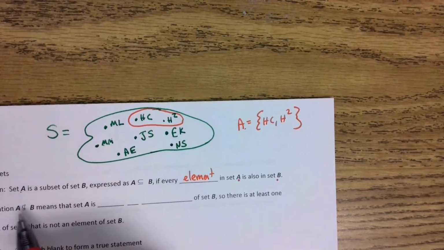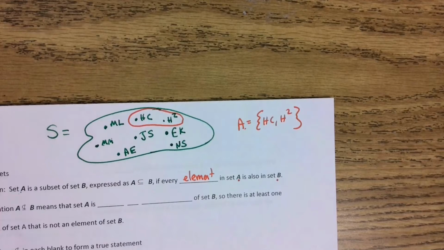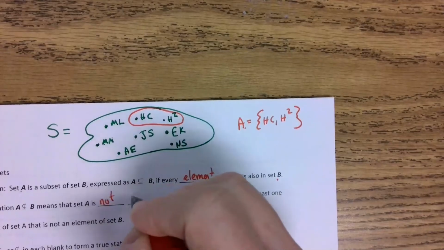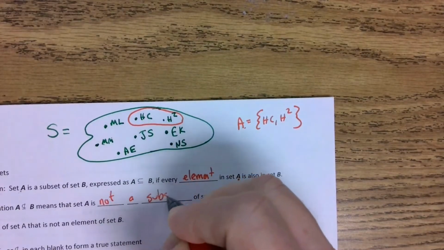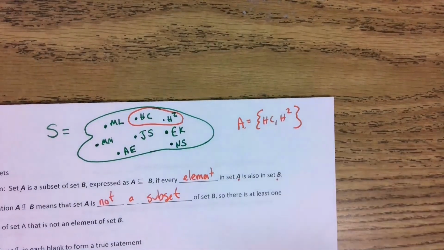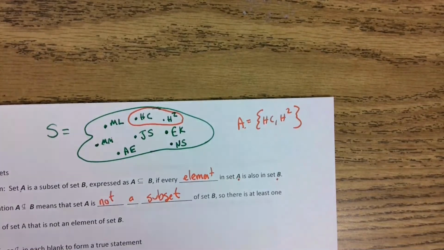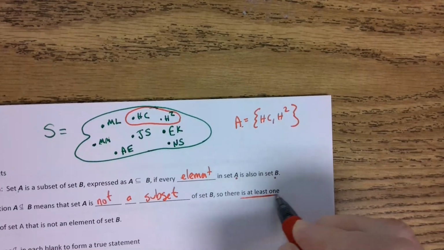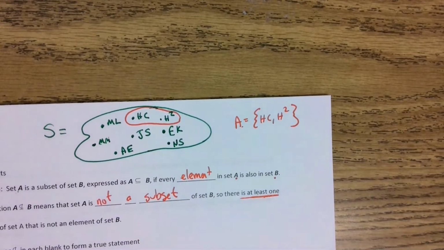The other little symbol with a line through it would mean that set A is not a subset of B. And the definitions here are really, really important, okay? So this is not a subset: there has to be at least one element in A that's not in B.